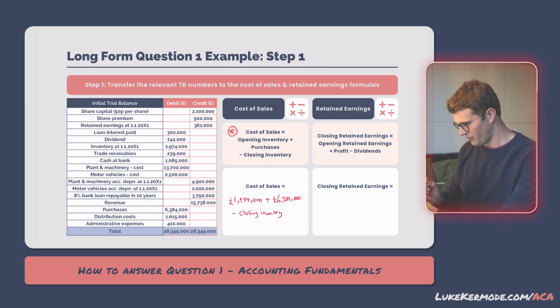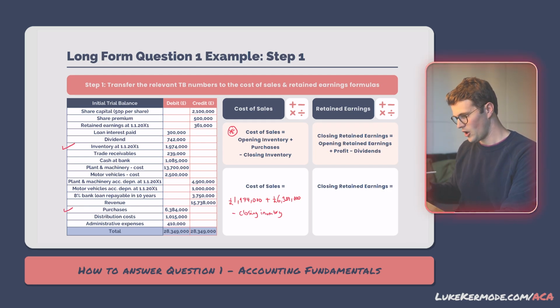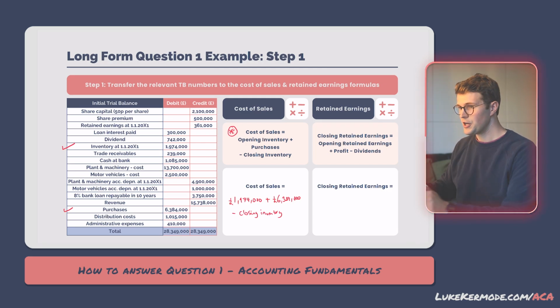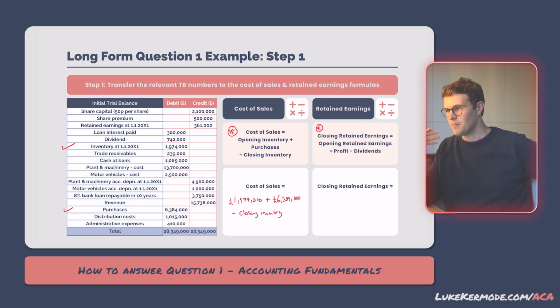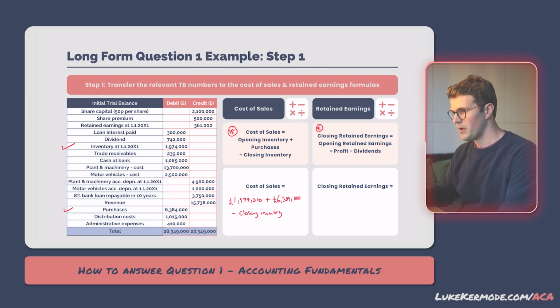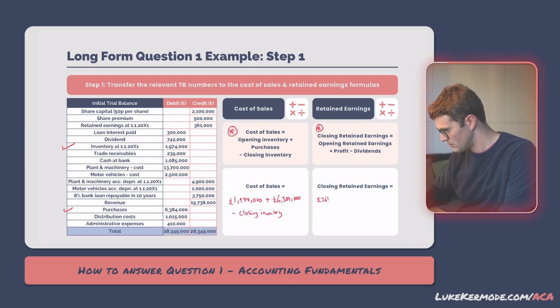So we can tick off on the trial balance our purchases, because we've transferred that across, and we can tick off our opening inventory. Next up, let's set up our retained earnings calculation. We know that closing retained earnings equals opening retained earnings plus profit for the period minus dividends. From the trial balance, we know that opening retained earnings is 361,000.